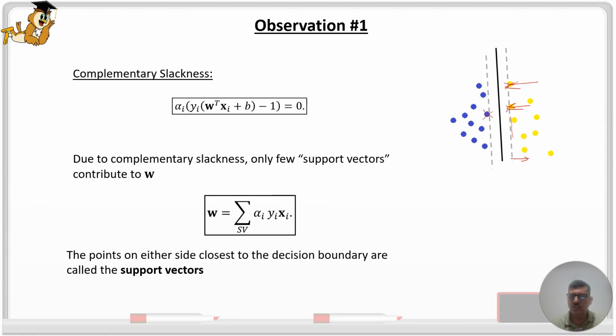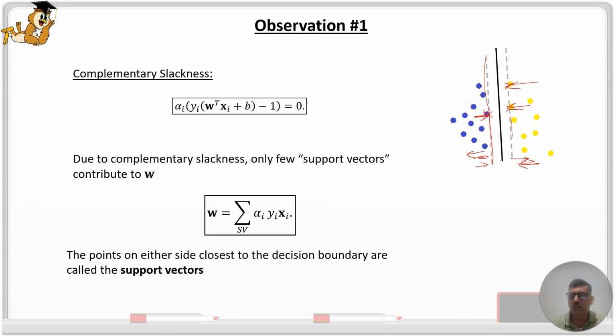Similarly, this point, which is a support vector on the blue side, is preventing this hyperplane from moving any further to the left. So in a way, they are pushing the margin boundaries towards the decision boundary, not allowing the margin planes to go any further, and therefore they are called support vectors.